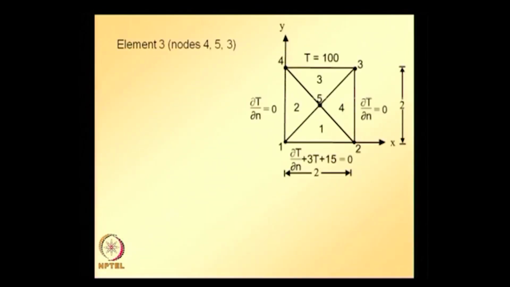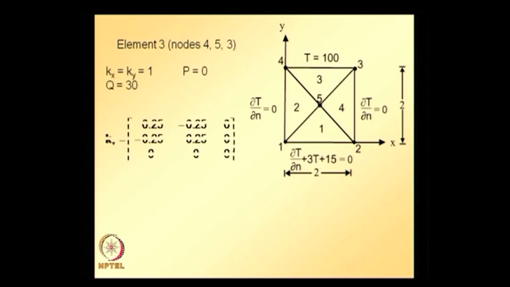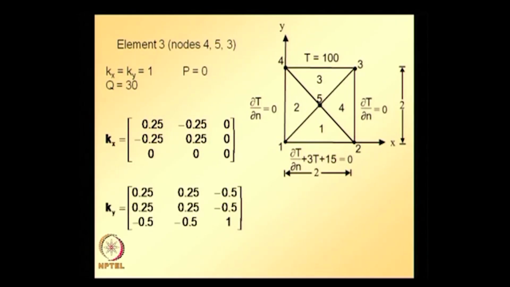A similar operation can be repeated for element 3, noting down local node 1 is the same as global node 4, local node 2 is global node 5, local node 3 is global node 3, and noting down Kx, Ky, Pq, we get Kx, Ky, Rq.